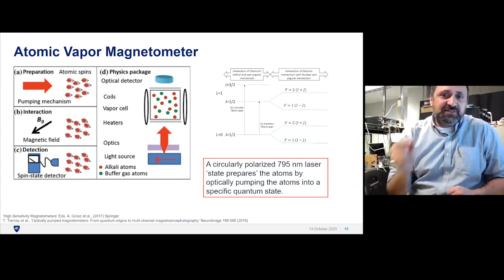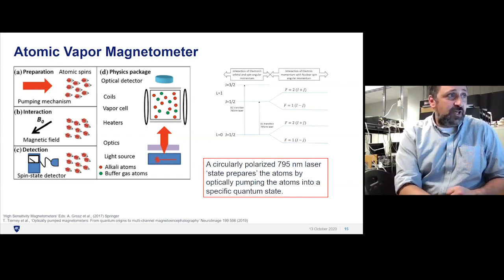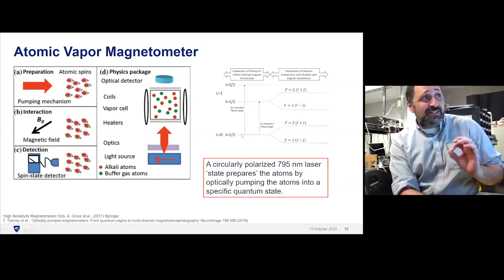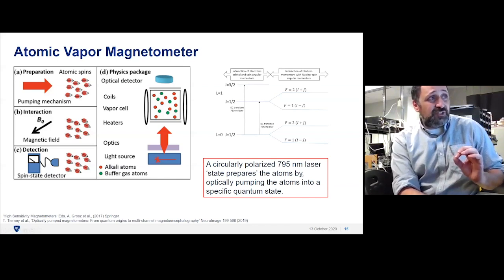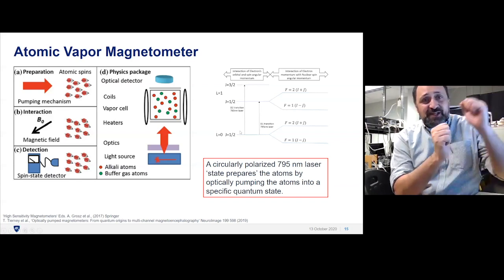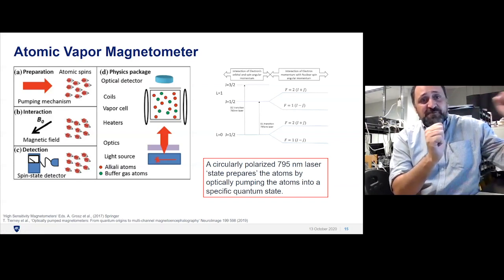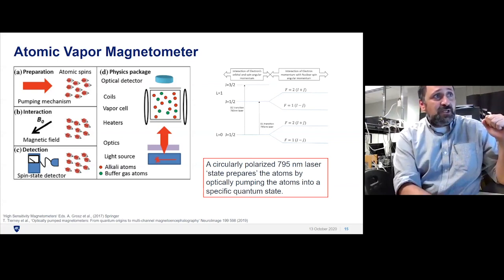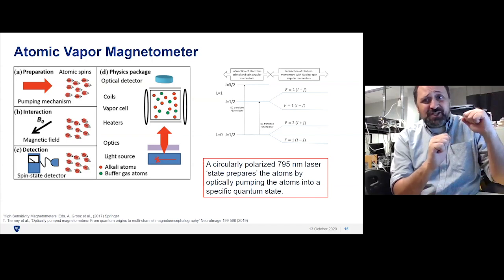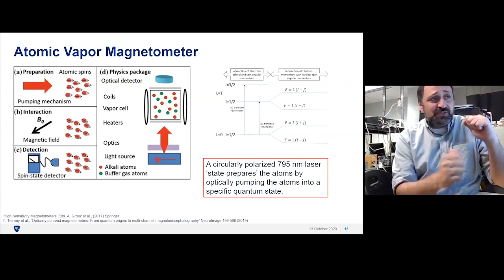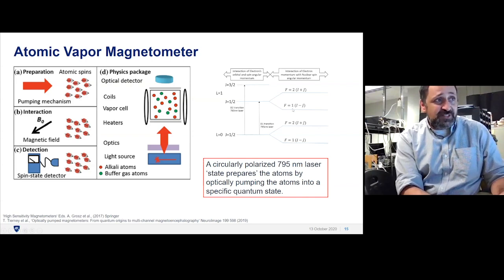We're shining light of a specific frequency tuned to the atomic transition to excite that electron from an orbital angular momentum state of 0 to 1. So we talked about the spin of the electron being 1/2, and that as you excite the electron in an atom, it has different orbital angular momentum. That orbital angular momentum interacts with the spin of the nucleus. And that's the interaction we're going to take advantage of, which you'll see now.